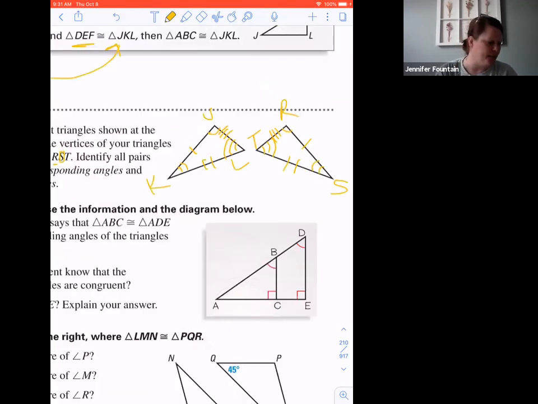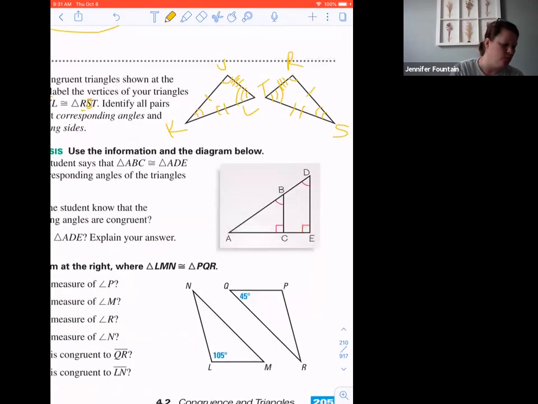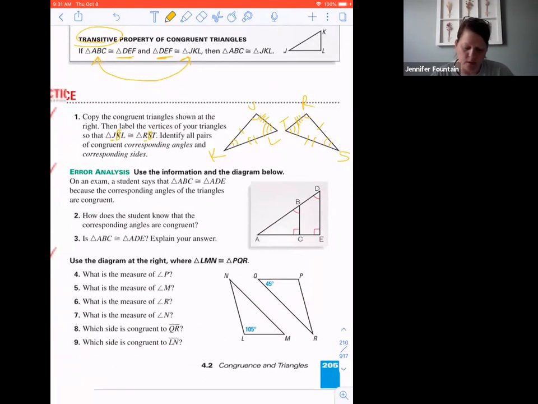Everybody comfortable with labeling those? Any questions on that? Okay.